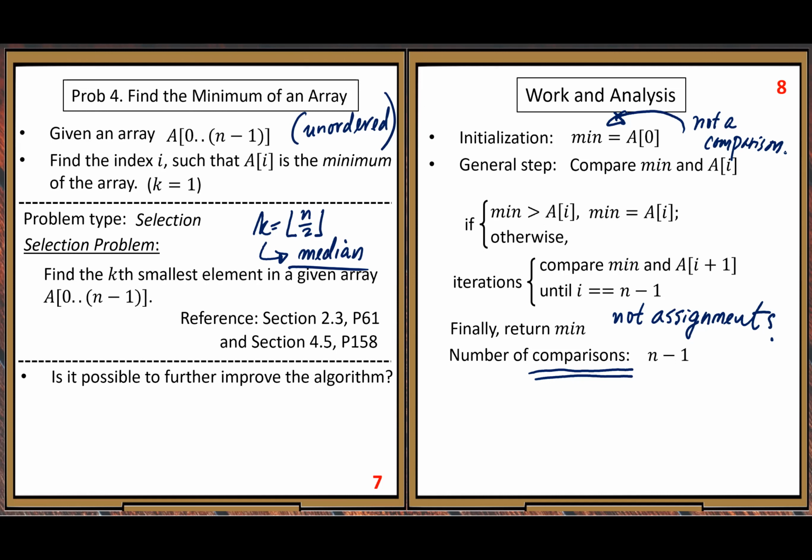Every time when we find an algorithm, we need to think about, is there any room for improvement? Because in general, we want to have the best solution if we can control the cost.